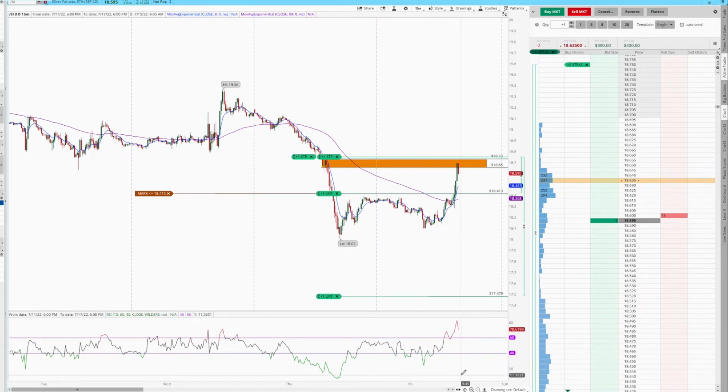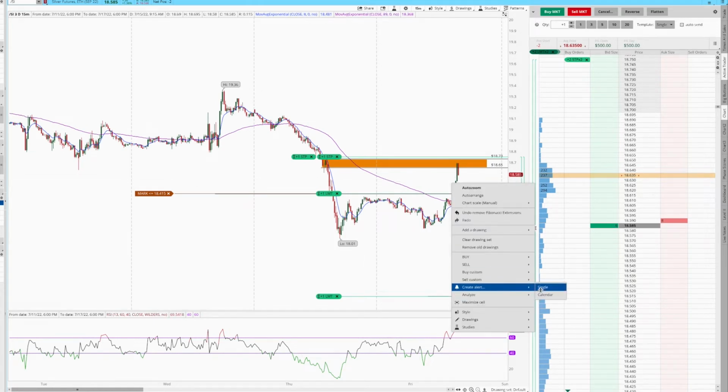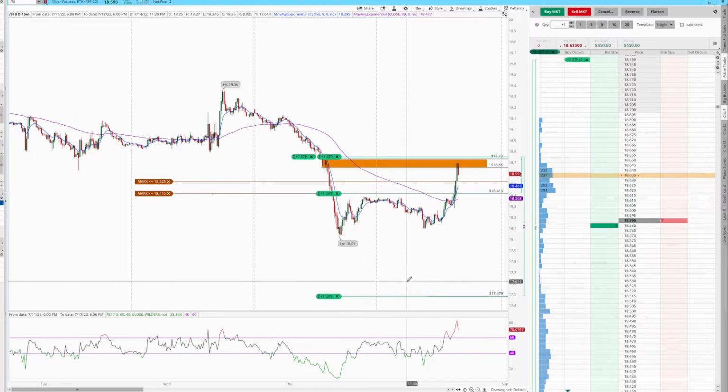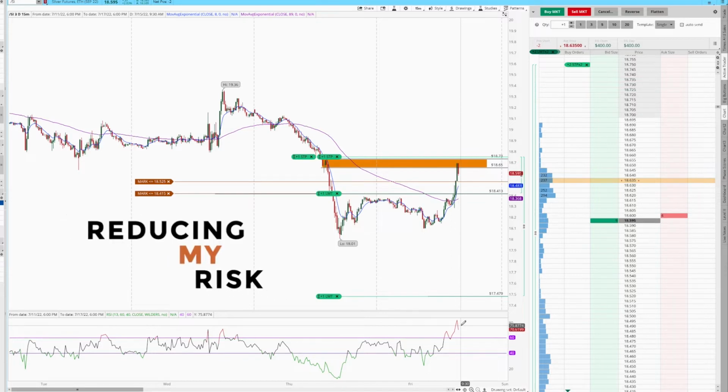So now that we've got our stops figured out, I want to come in here and create an alert halfway to our first target. Guys, the reason I'm doing that, though we're in a downtrend, is that yes, we need to make money, and yes, I enjoy profits and P&Ls, but what I like more than that, honestly, is reducing my risk.